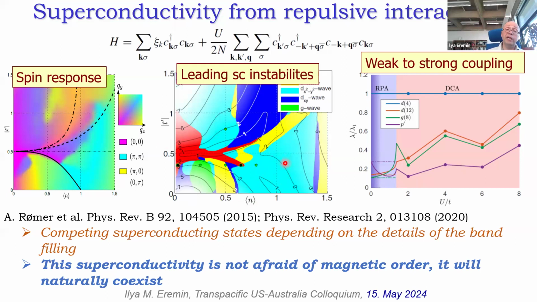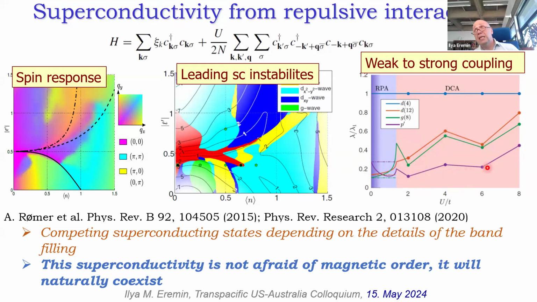Then you can take one of these points, which you can get relatively cheaply with this weak-coupling theory, move to exactly this point in the phase diagram, and do dynamical cluster approximation. What you surprisingly see is a continuity of the leading instability as a function of U. You can look not only at the main instability, but also at the subleading instability.